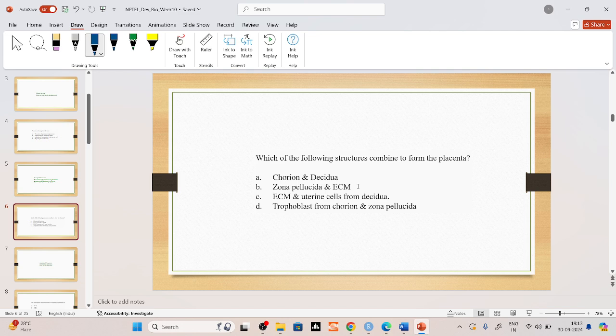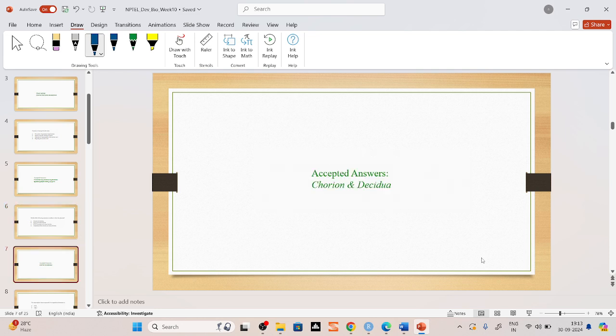It cannot be the case, because one has to be from the maternal side and the other from the fetus side. Then the last is trophoblast from chorion and zona pellucida. No, because zona pellucida is not there itself. Therefore, the correct option is A, which is chorion and decidua.